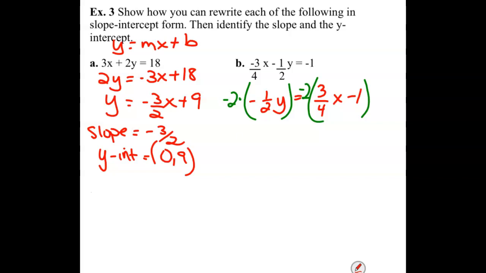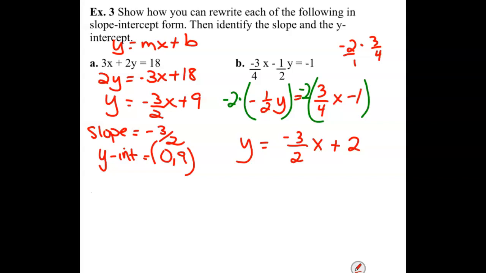We end up with y equals -6/4, which reduces to -3/2, yes? -2 times 3/4, yes? -6/4 reduces to -3/2. Okay, so -3/2 x plus 2, if I distribute the -2 in. Okay, so that was one option.